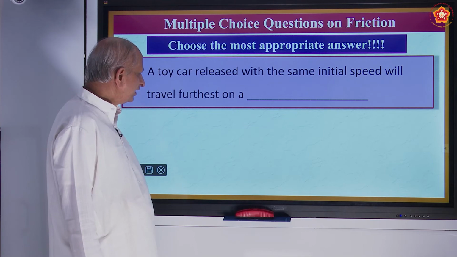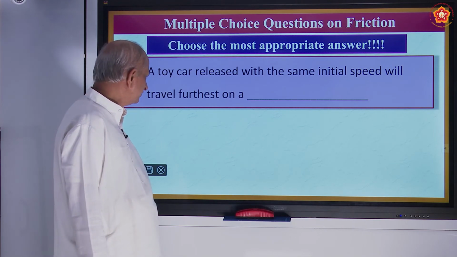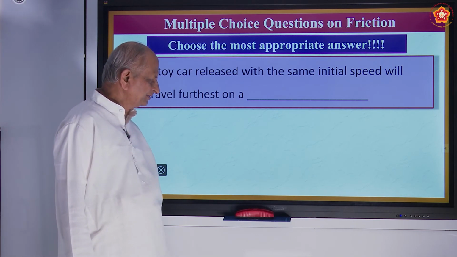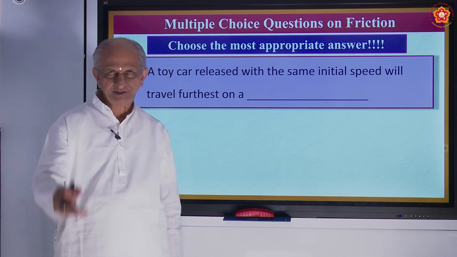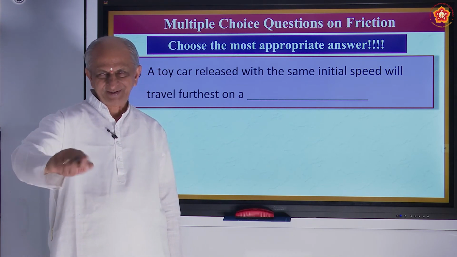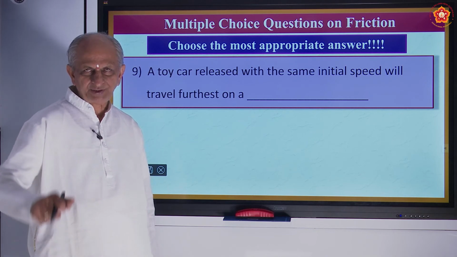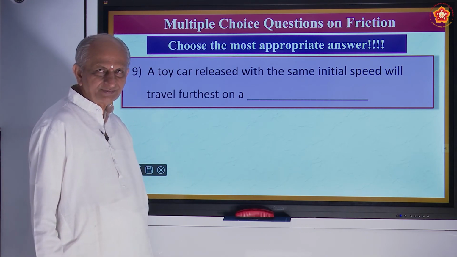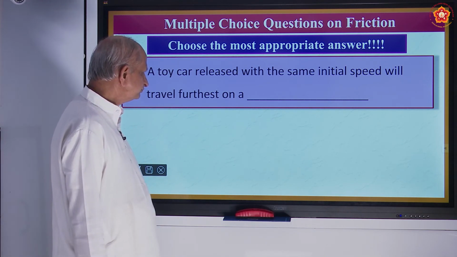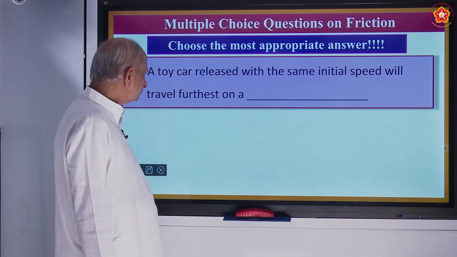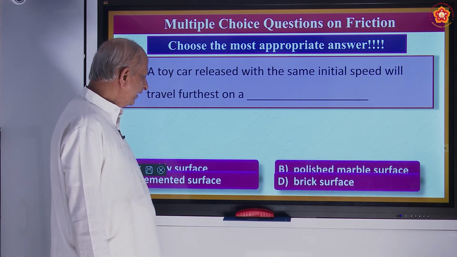A toy car released with the same initial speed will travel farthest on a, you have seen toy cars, there will be a key. When you just give a key turn, it starts moving out. So, where does it move farthest?